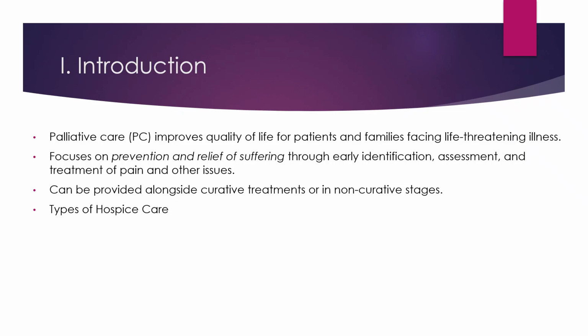Types of hospice care are 4 categories. Hospice care at home, the primary model, care provided at the patient's residence. The second type is continuous hospice care, intensive symptom management provided at home, 24/7 care.